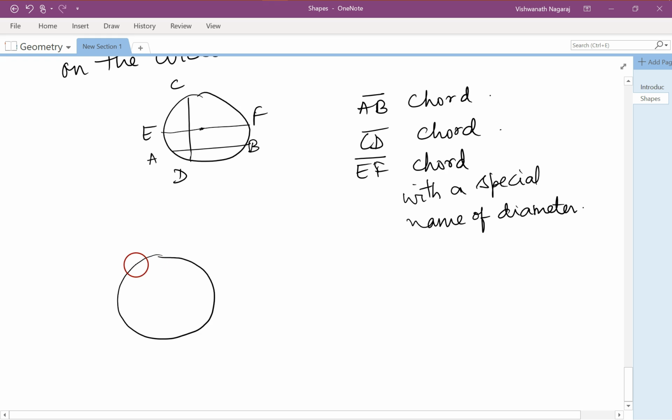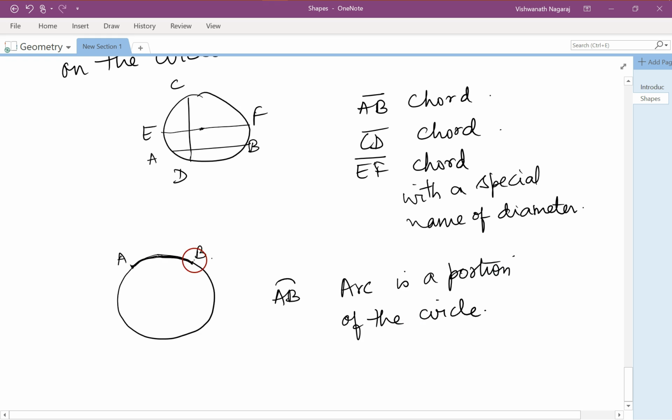Okay, let's look at another circle. Now let's take only a part of the circle, only this part. Let's say A and B, and we show it like this. This is called an arc. It is a portion of the circle. So which means if we say AB is an arc, that means the other part is also an arc.